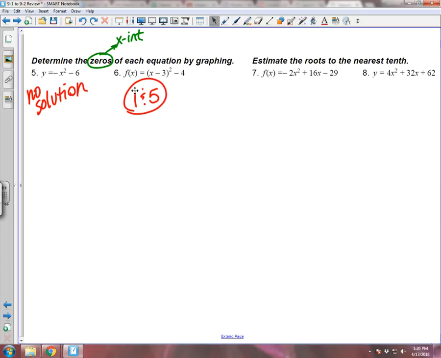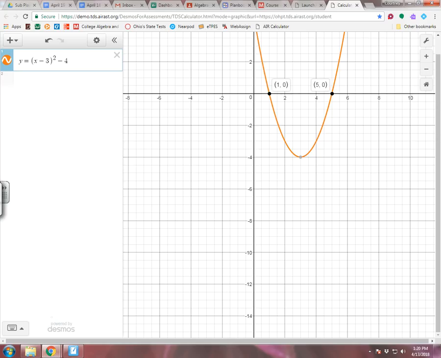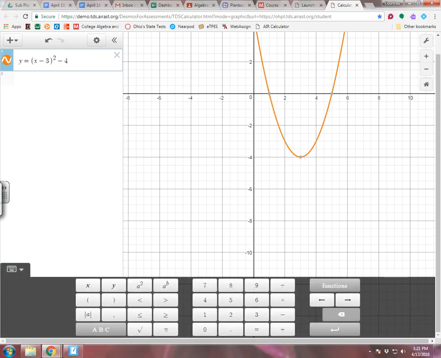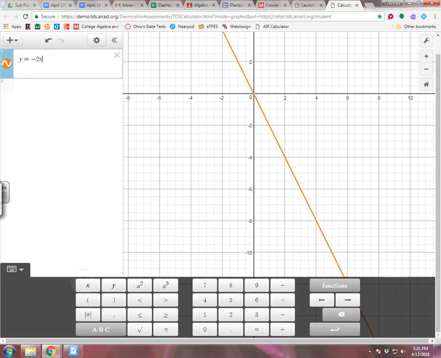Okay. Next section says, estimate the roots to the nearest tenth. What's a root? An answer. A 0. An x-intercept. So what are you going to do? Put it in. Tell me where it crosses the x-axis. And because it says estimate, I'm probably going to think they're not going to be very nice numbers. Okay, hold on. You're getting ahead of me here.